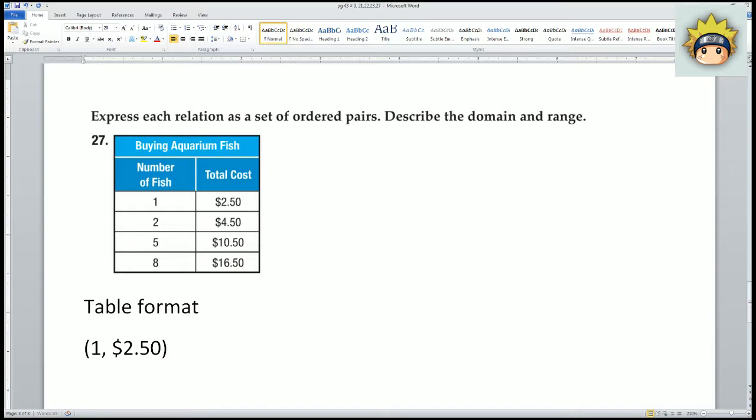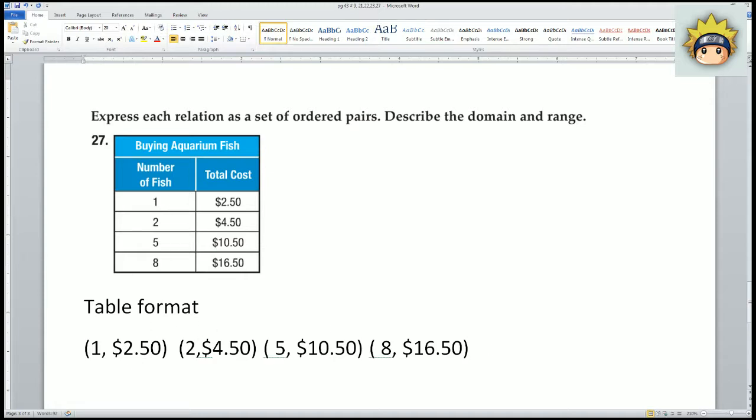The second ordered pair is 2, comma, $4.50. The next one is 5 fishes, which corresponds to $10.50. And the last one is 8 fishes, which corresponds to $16.50. This is the table format that helps us generate these ordered pairs.